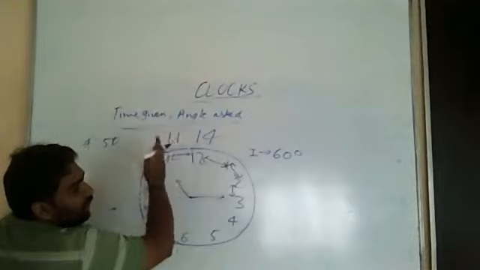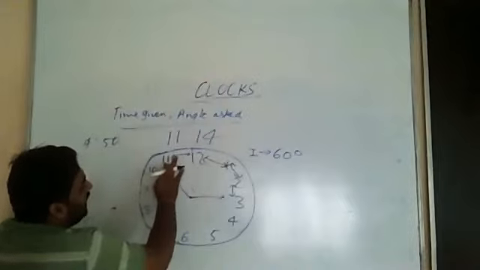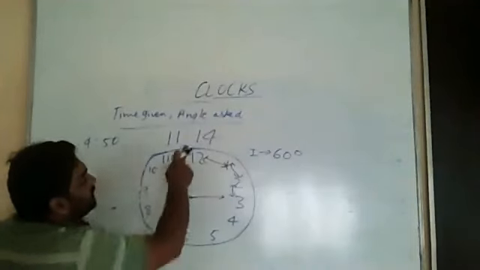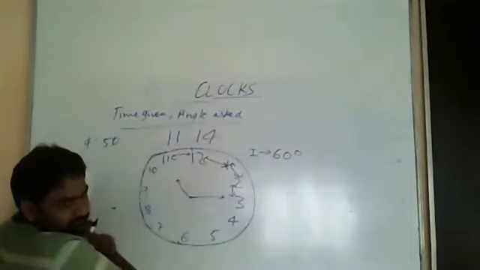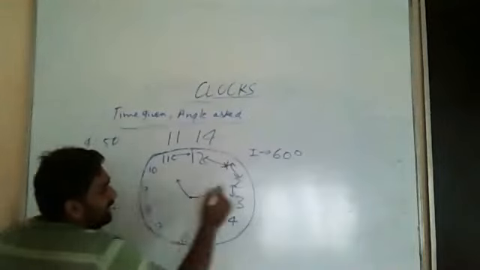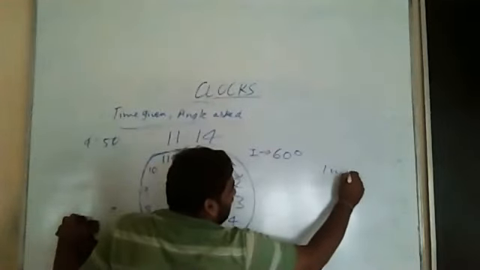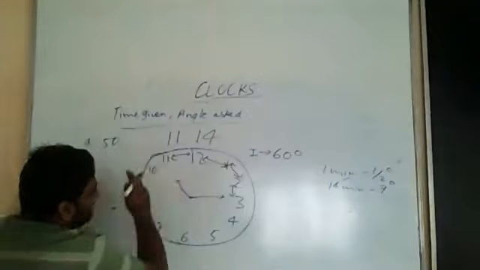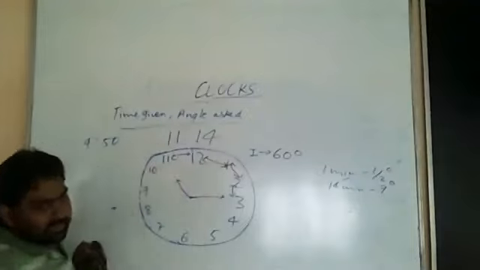If it was 11 o'clock, then the hour hand would be exactly on 11. But it has traveled a little forward. Why? Because it is not 11, it is 11:14. How much has it traveled? It has traveled worth 14 minutes. 1 minute, half a degree, so 14 minutes, 7 degrees forward.